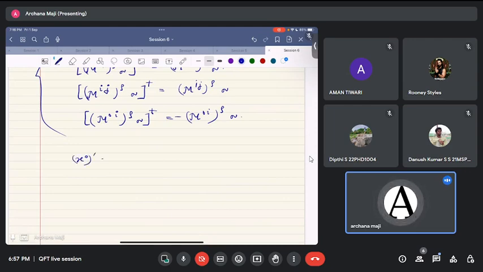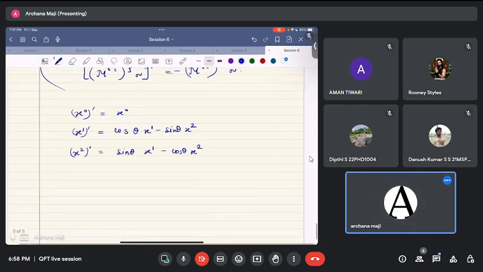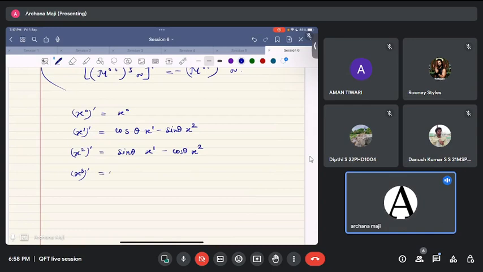So x0 prime remains x0, x1 prime becomes cos theta x1 minus sin theta x0, x2 prime is sin theta x1 minus cos theta, sorry, why 0 here, it's x2, and x3 prime is equal to x3.